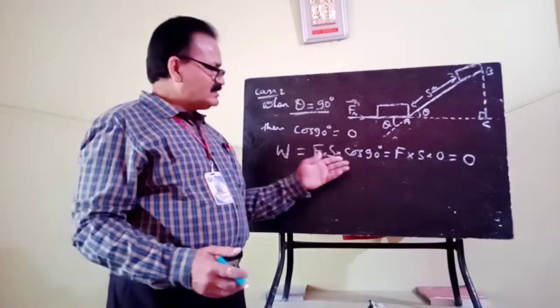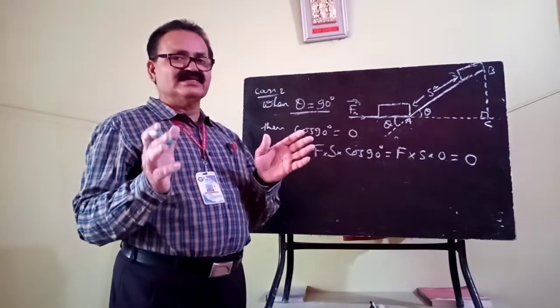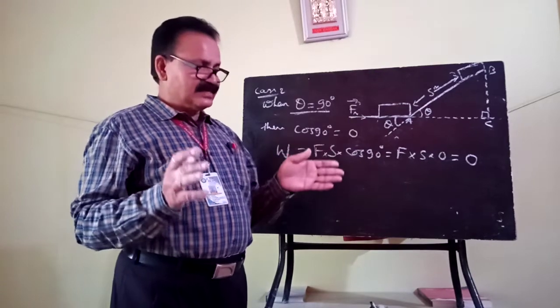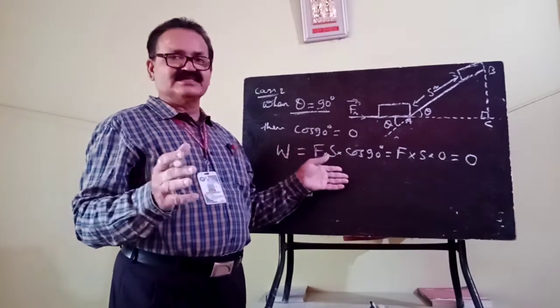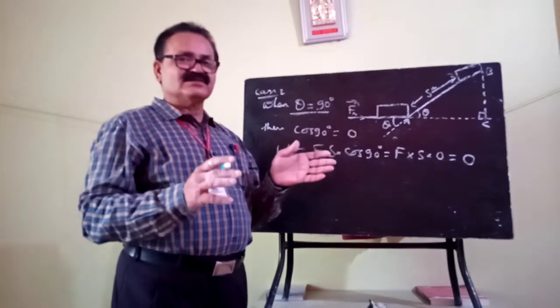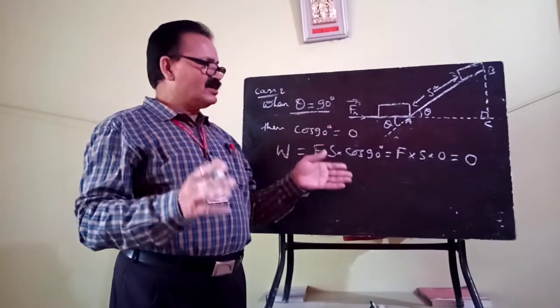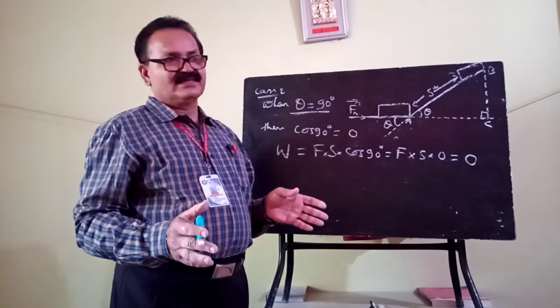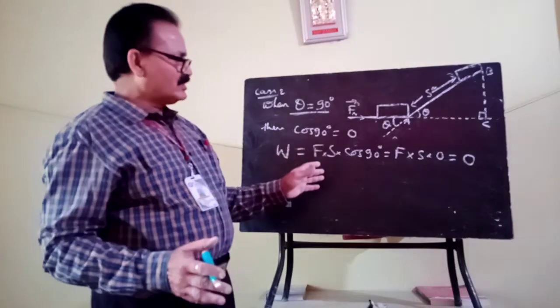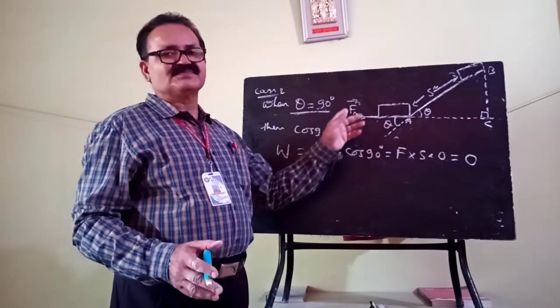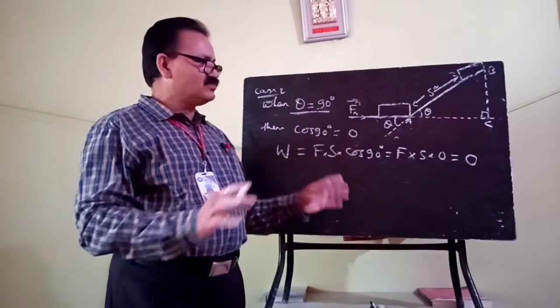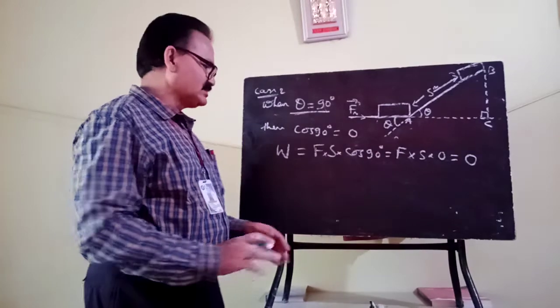So cos 90 is 0. That means in the eyes of physics, the coolie has not performed any work. Now you got it: when the angle between the displacement and force becomes 90 degrees, no work has been done, the amount of work done is 0.